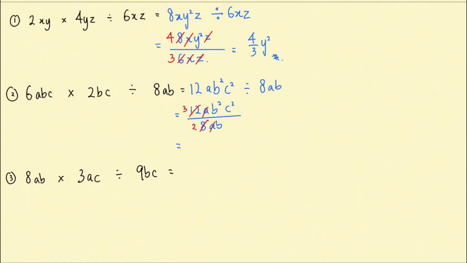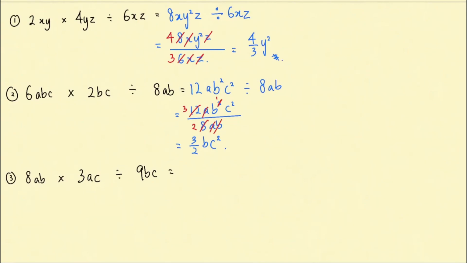A and A simplified. On top you got b squared. At the bottom you have b. So this one becomes 1 and cuts off with the 1b below. Now you just write whatever is left as your final answer. So bc squared, as the b and c squared is still on top.